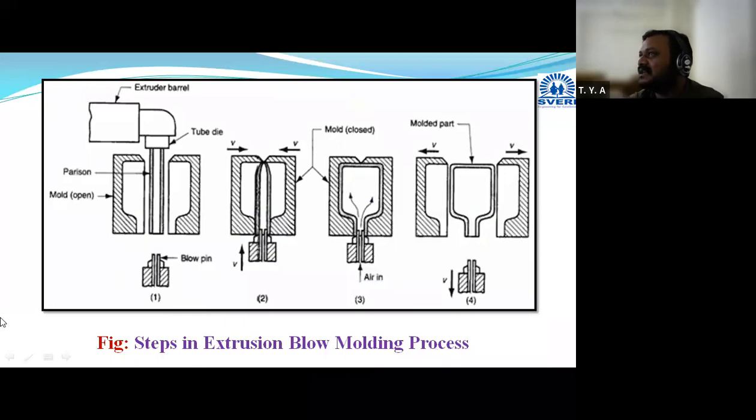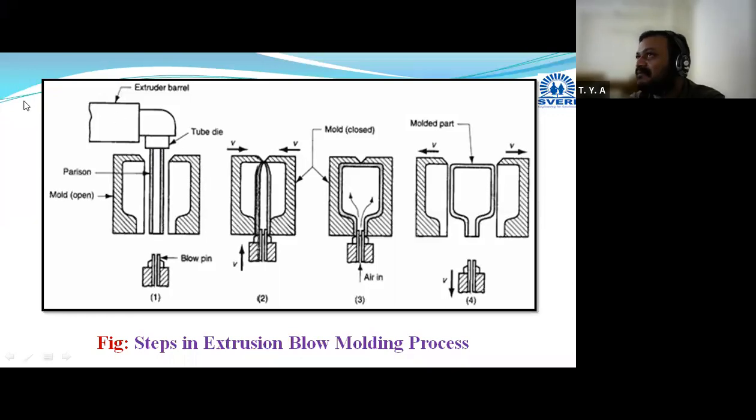The difference will be in terms of preparation of the Parison. That Parison is prepared with the help of one extruder, and with the help of the die opening, it will be of a tubular form. We will get the Parison. This is the Parison. It will be in the form of a tube, and inside that an opening will be there.